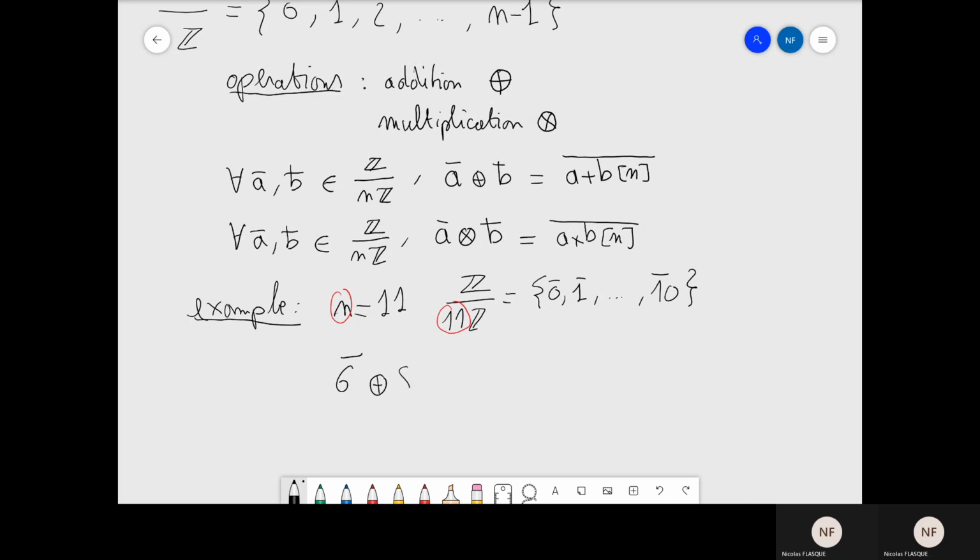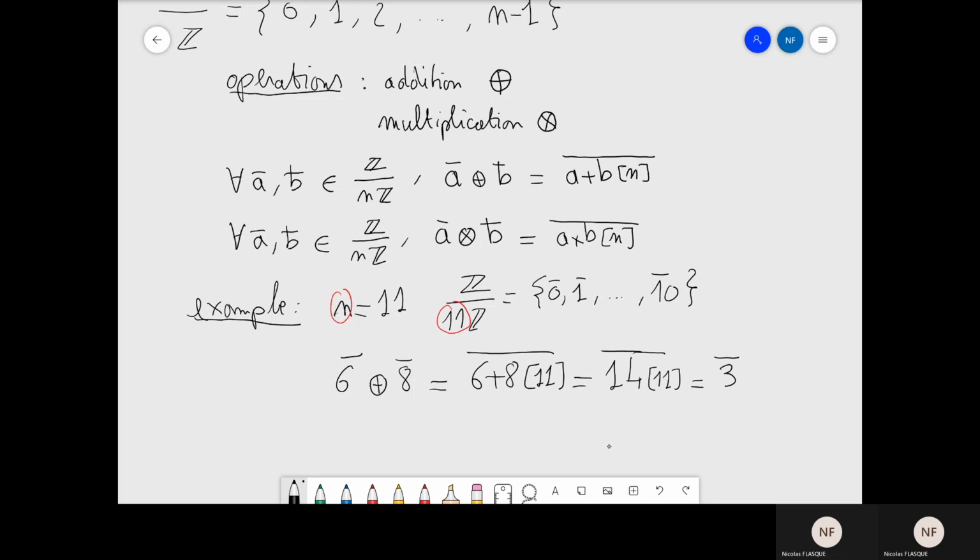For example, 6 bar plus 8 bar is equal to 6 plus 8 modulo 11 bar, which is 14 bar. You can write 14 bar as an intermediate result, but 14 modulo 11 is equal to 3. So 6 bar plus 8 bar is equal to 3 bar in Z over 11Z.